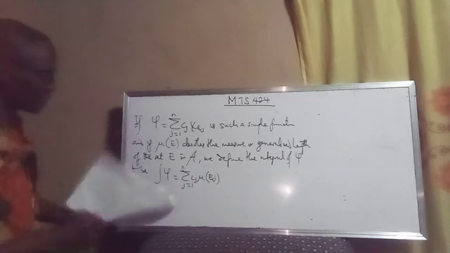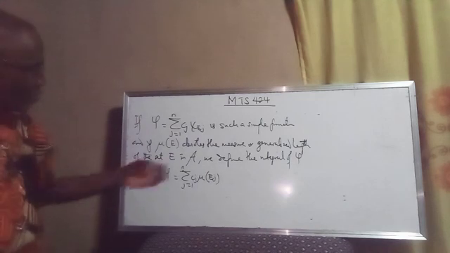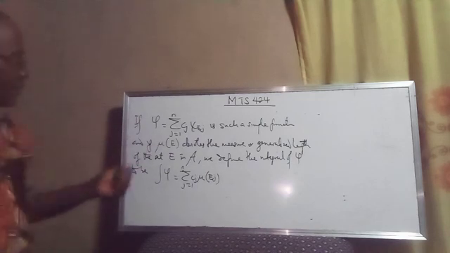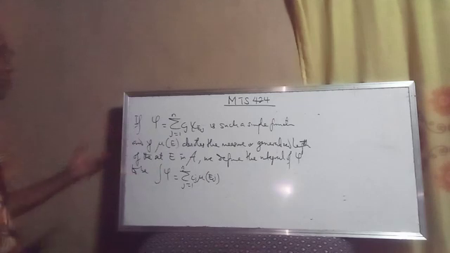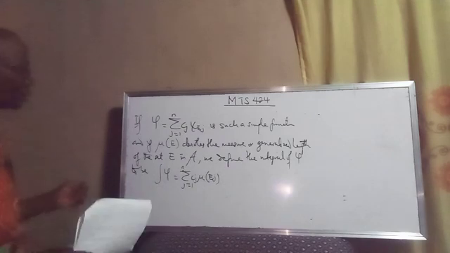Now you could see the interesting thing here. You could see how we have generated a generalized length from a smaller length, which is associated to the step function.